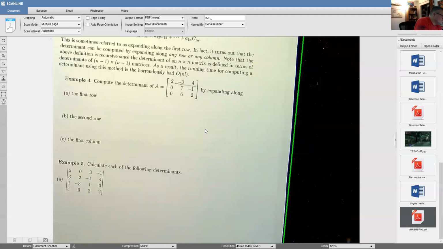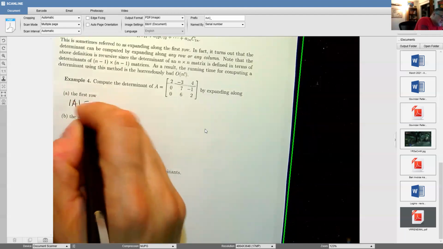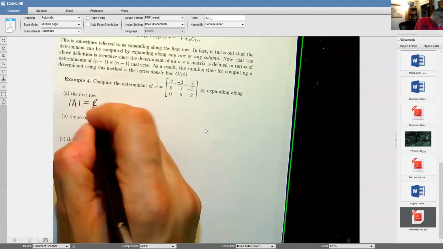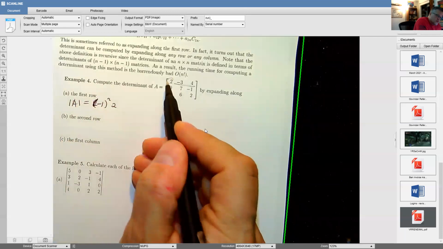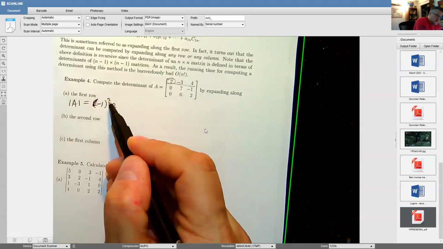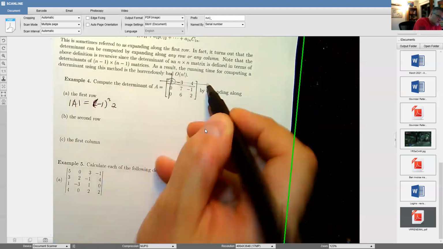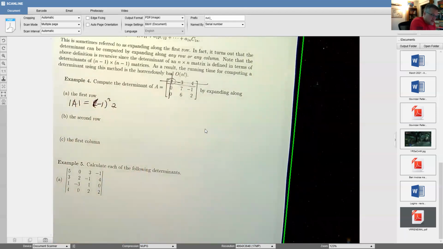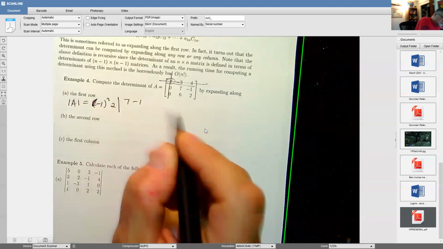All right, so let's do that. The determinant of A happens to be -1 squared times 2, because I'm in the first row, first column. That's where that 2 is coming from here. Multiply by the number, and then the determinant you're getting is the row and column that contain 2 are thrown out. So the determinant of what remains is that guy.